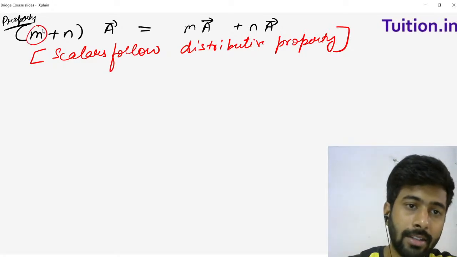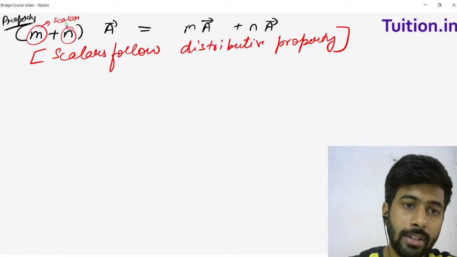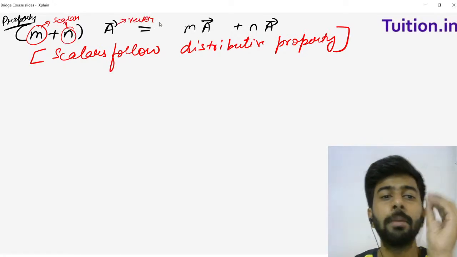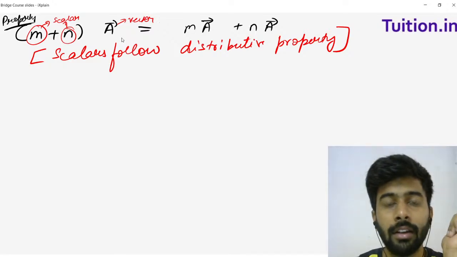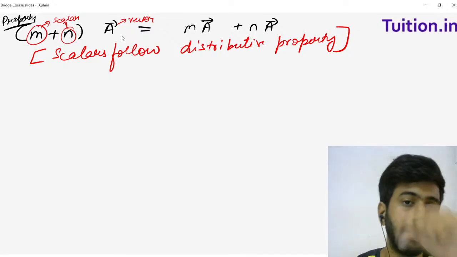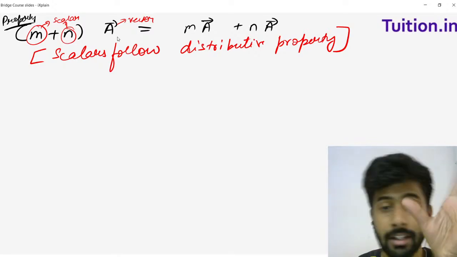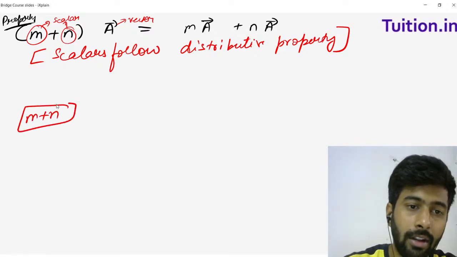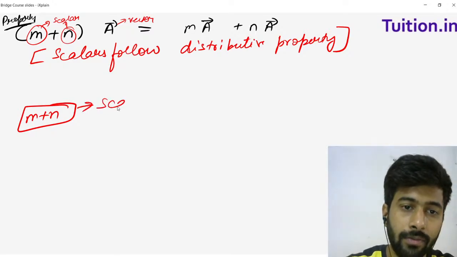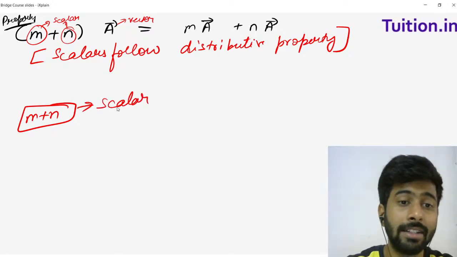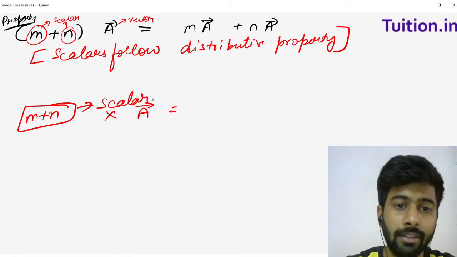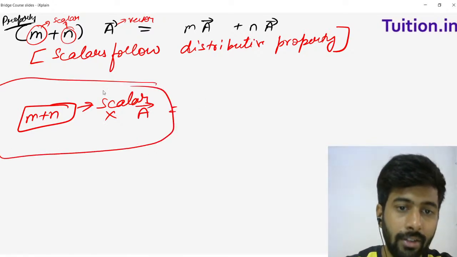This m is a scalar, n is also a scalar, and this a bar is a vector. So you are multiplying a sum of two scalars with a vector, and that is distributive in nature. m plus n itself is a new scalar, and that scalar is being multiplied with a bar.